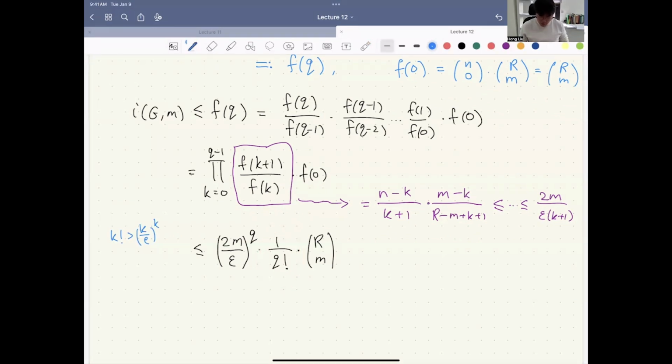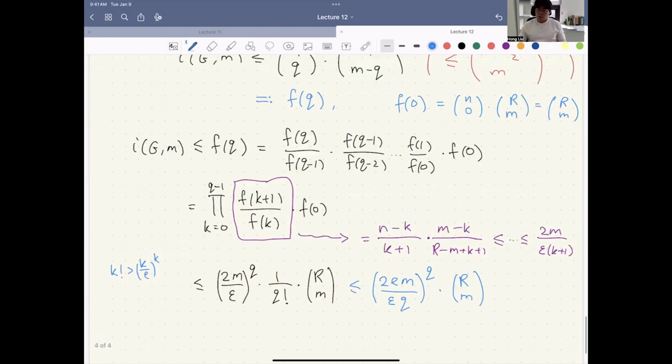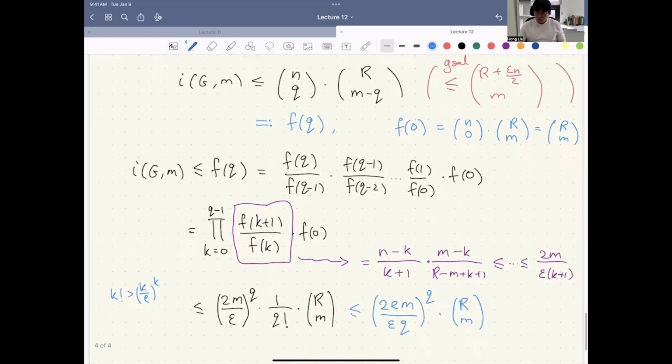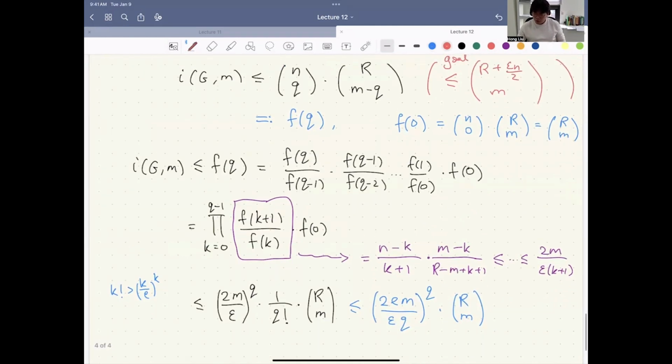Putting everything together, this is at most (2eM over epsilon Q) to the Q, multiplied by R choose M. And remember, we want to compare this to R plus epsilon N over 2, choose M. This is what we want to compare.